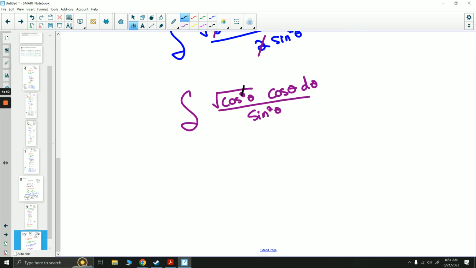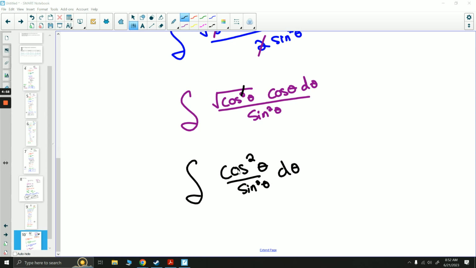The square root of cosine squared makes just cosine, times cosine, so we have the integral of cosine squared theta over sine squared theta d theta.